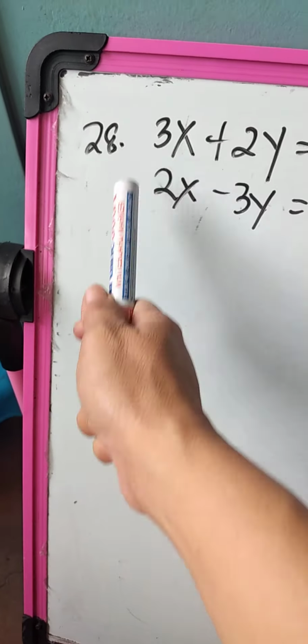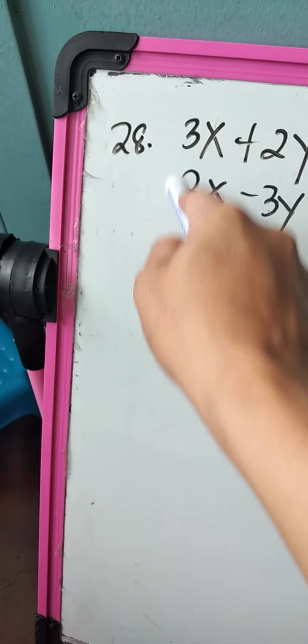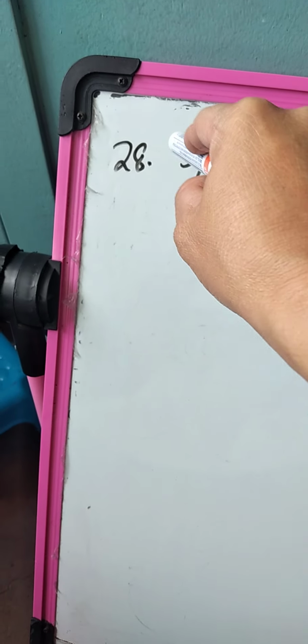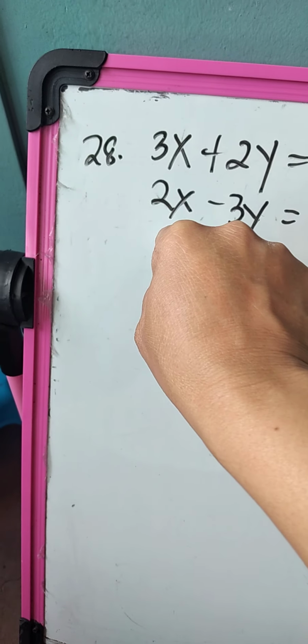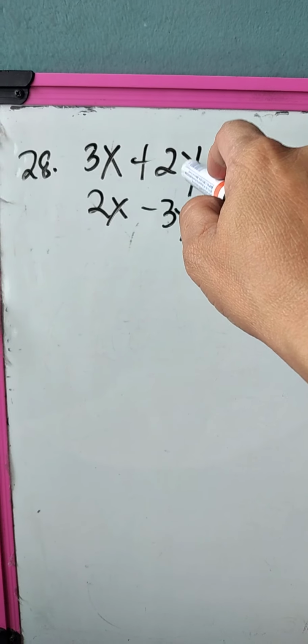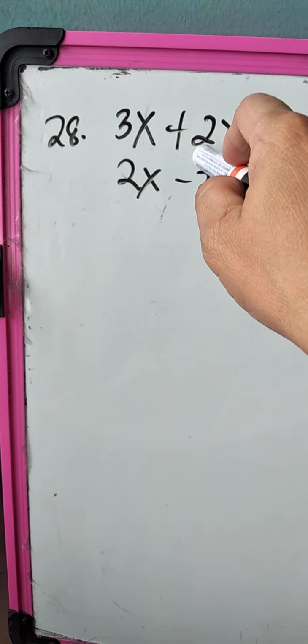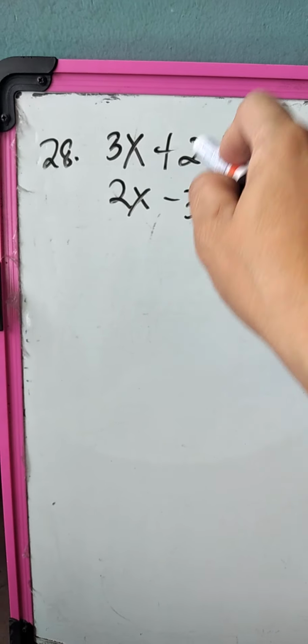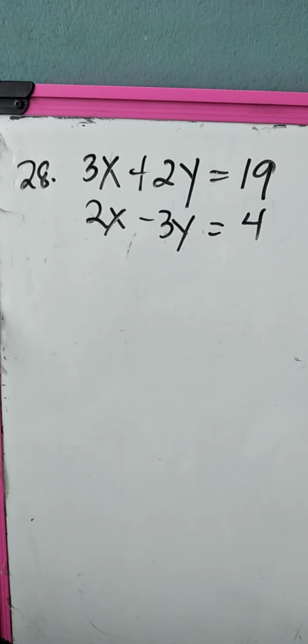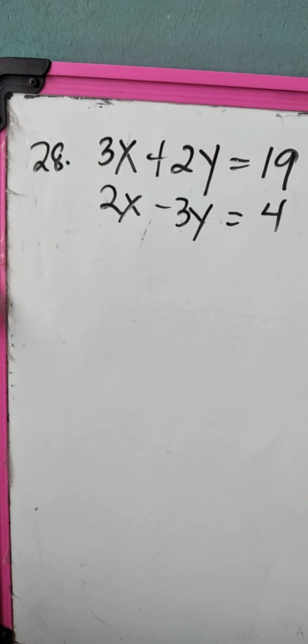So for 3x here and 2x here, you should come up with a number that is the same here and here. Or if you chose y, then you should come up with a number that would be the same here and here.